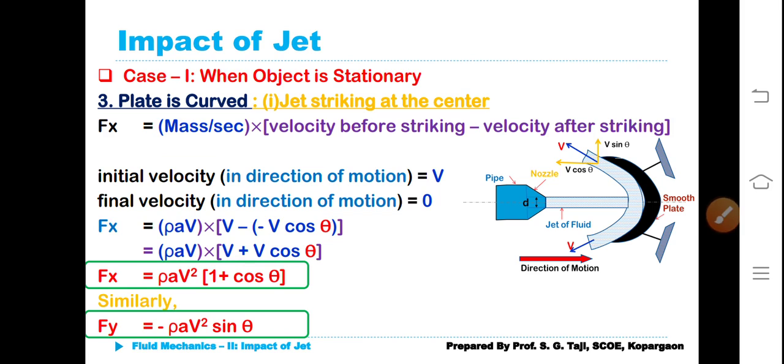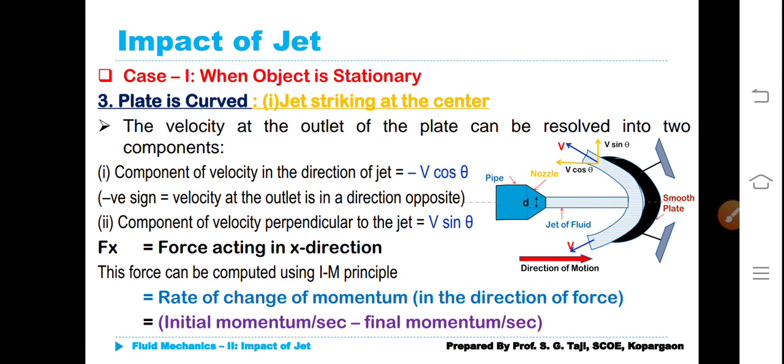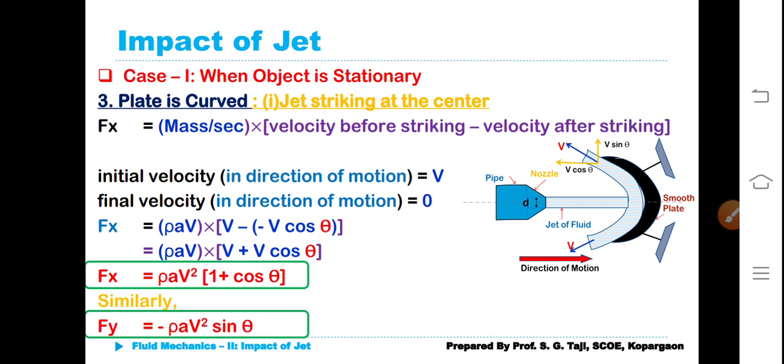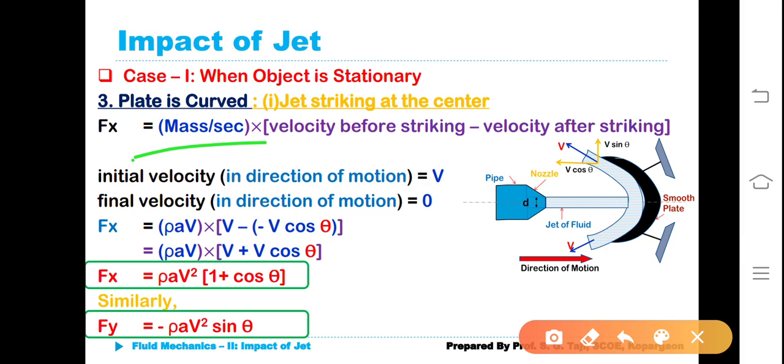Case 1, when the object is stationary, plate is curved, continued. Every time I need not say this, just for your reference. Fx is equal to mass per second multiplied by velocity before striking the curved plate minus velocity after striking the plate. Initial velocity in the direction of motion is equal to v. Final velocity in the direction of motion is equal to 0 because it is stationary.